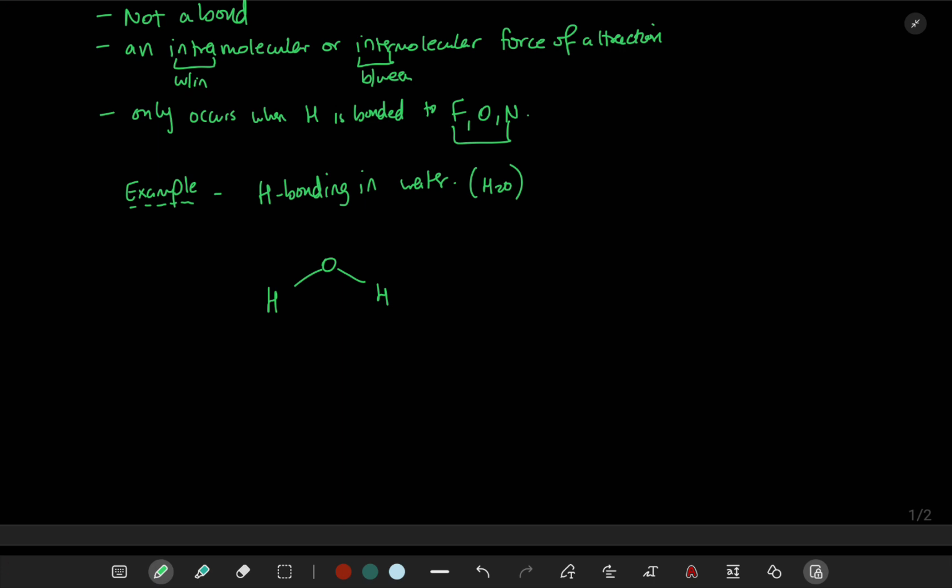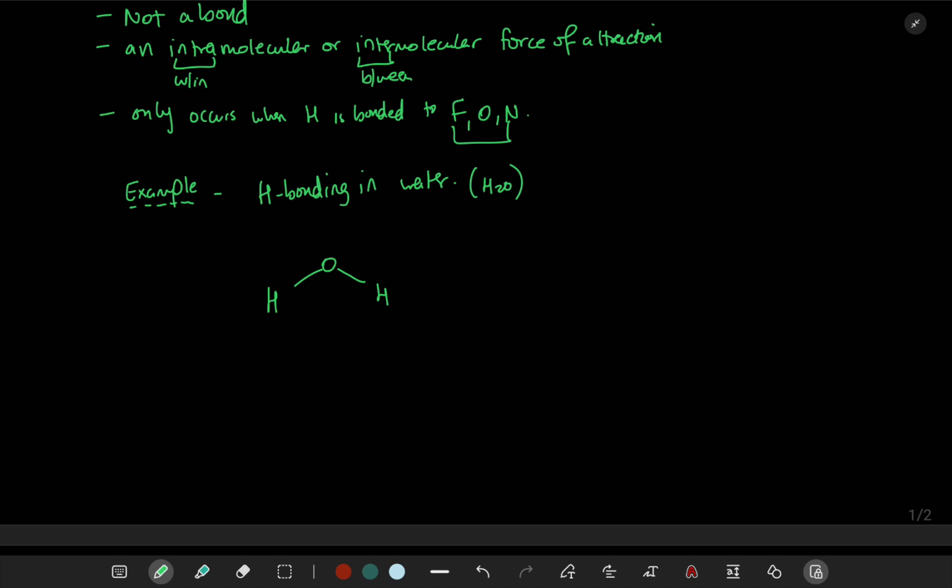And so what happens? We discussed that in a polar covalent bond, the atom with the higher electronegativity will draw electron density, or will draw the bonding pair of electrons, closer to itself and away from the atom with lower electronegativity, right? In this case, oxygen is our atom with the higher electronegativity, and hydrogen is the atom with the lower electronegativity.